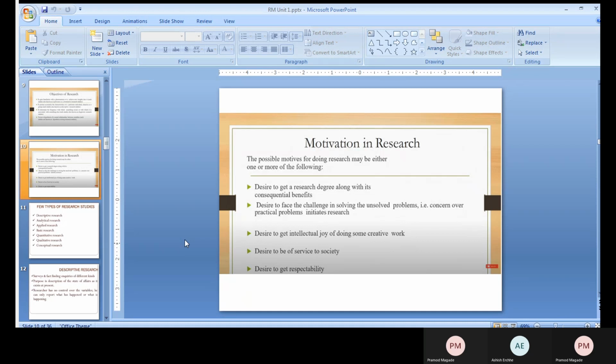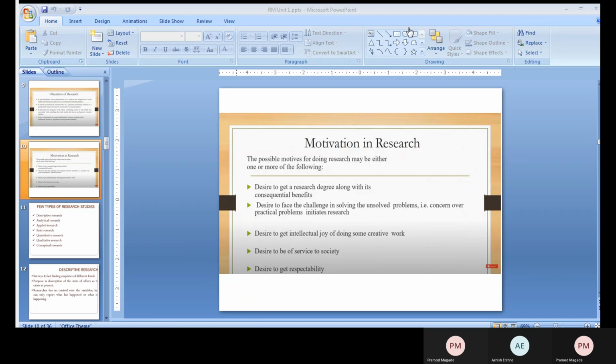Here are the few points I have mentioned in the motivation. First, desire to get a research degree along with its consequential benefits. Many of the students, like you, those who are doing the masters, are performing this master program. They want some kind of increment in their field.